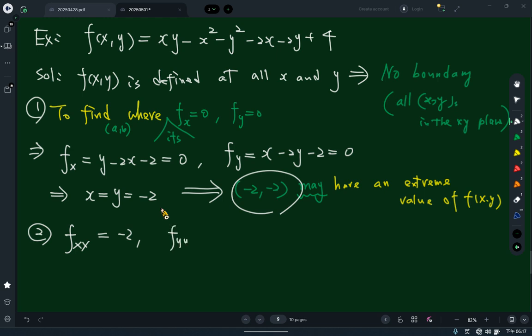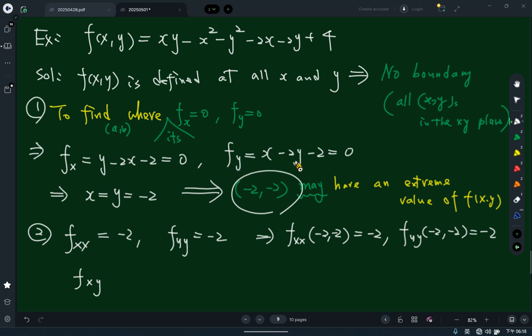Partial f, partial y, partial y, it will be -2, no matter what point. When you differentiate, it will be -2.